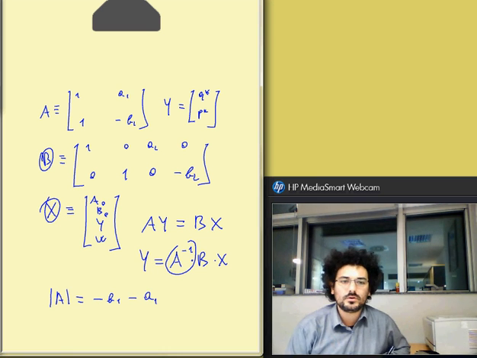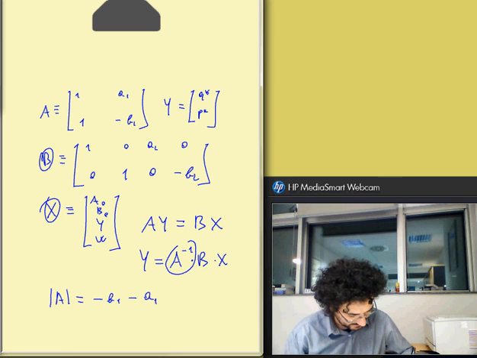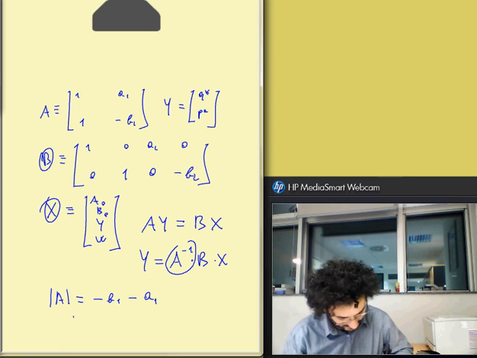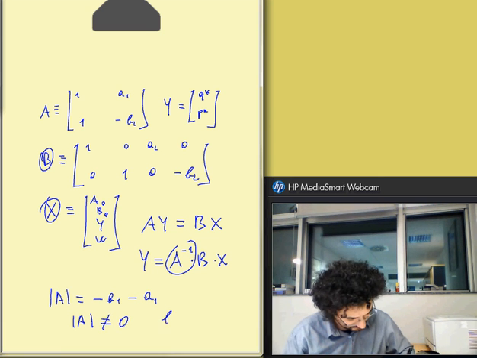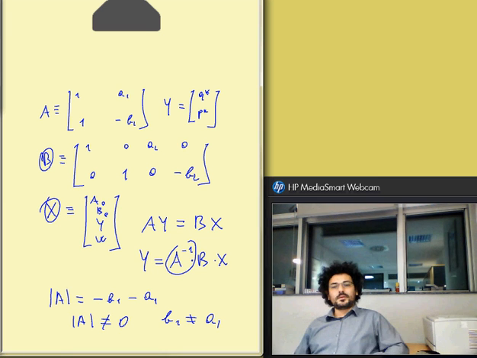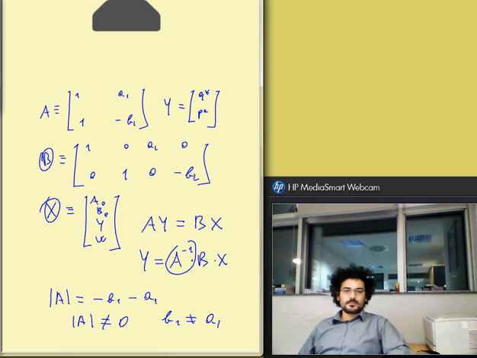What is required is that the determinant of A is other than 0, so B1 other than A1, because if the determinant is equal to 0, this system has no solution or infinite solutions.